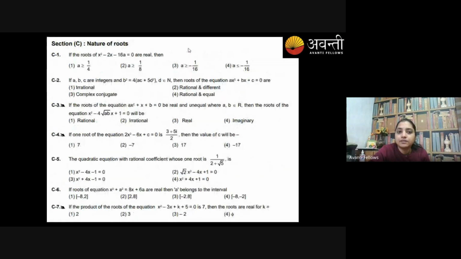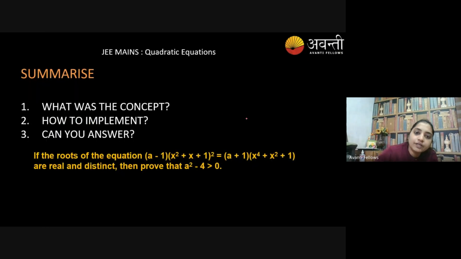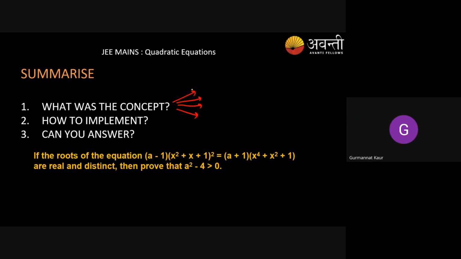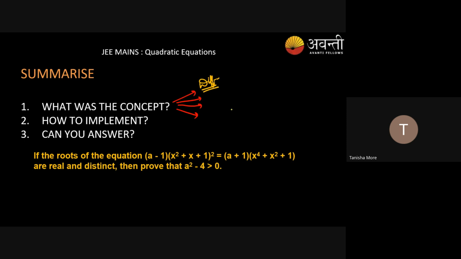So these are some basic questions given on today's topic. Can anyone tell me what concept you learned today? Is there anything different you learned today, or is it the same? Difference of roots of equation. Okay. Nature of roots.